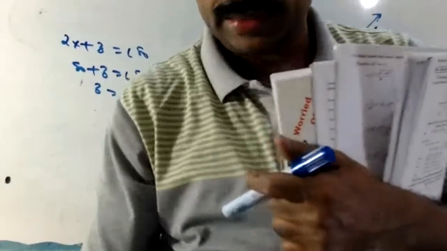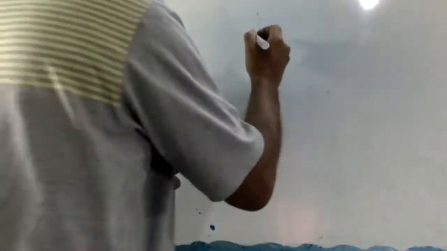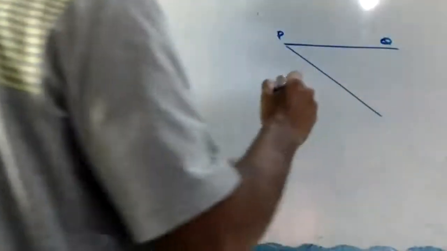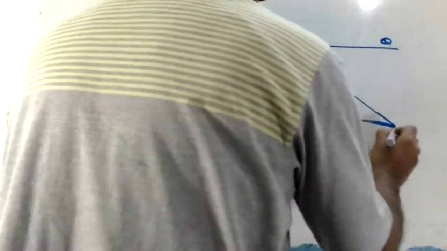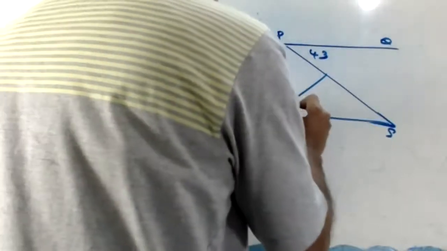In figure, PQ parallel to RS. This is 27.